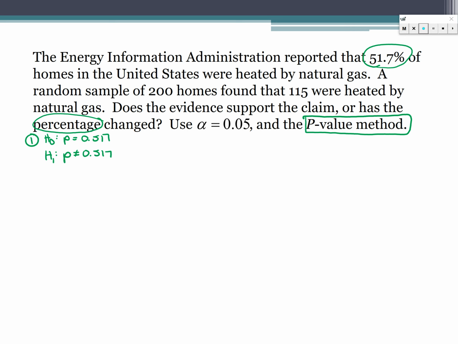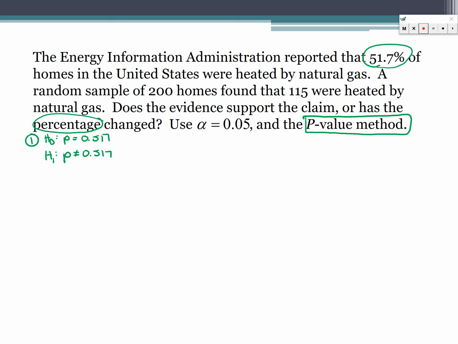Now, where we put the claim, we talked about this yesterday. I know some of us have a tendency to try to memorize what's going to happen every single time. Where the claim's going to go totally depends on what the researcher is actually looking to show. Typically, that's the alternative hypothesis, but not always. So we want to know, does the evidence support the claim or has the percentage changed?